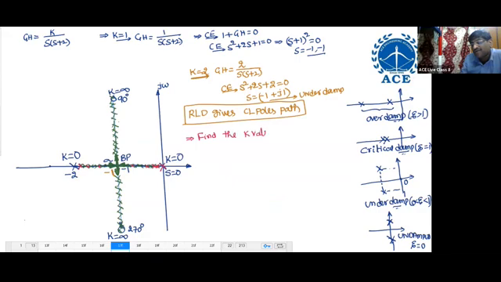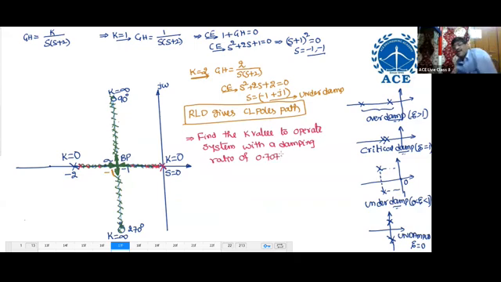Find the K value to operate the system with a damping ratio of 0.707. Like these questions they will ask. What is the K value to operate the system with a damping ratio of 0.707? Like this they will ask.